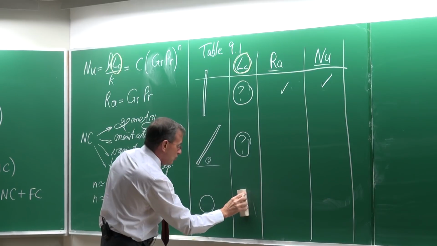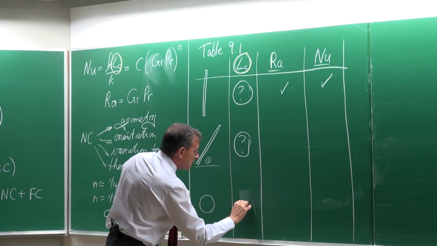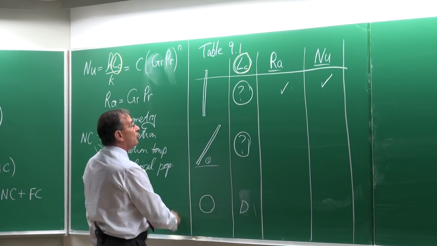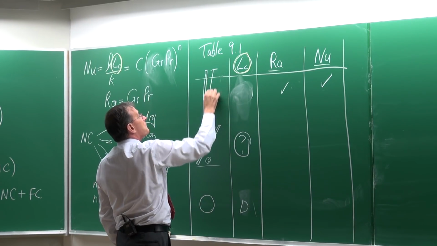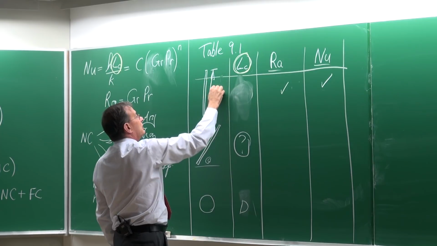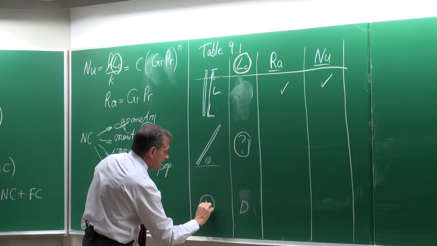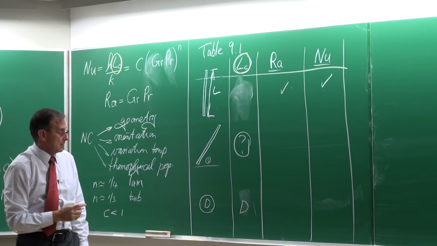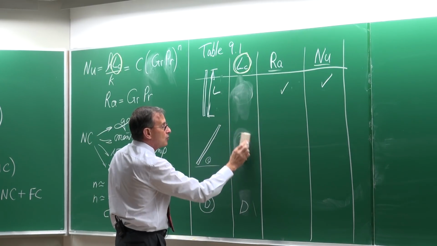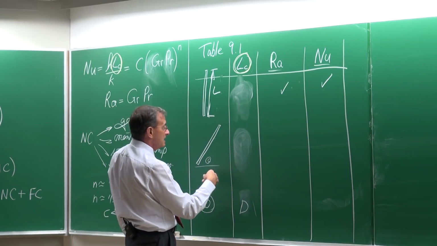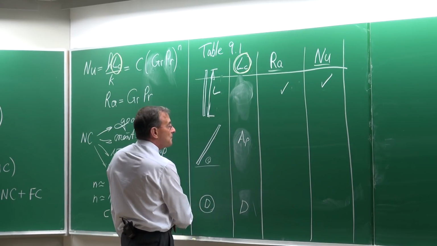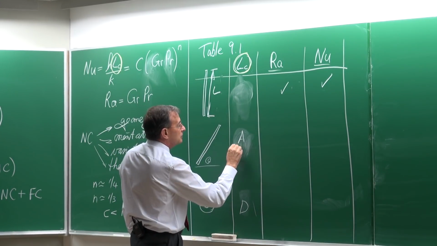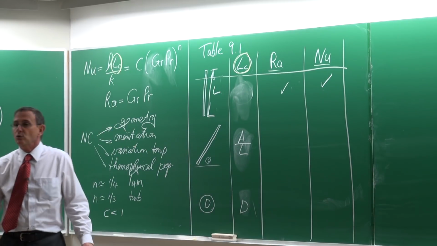So here, for example, it would be the diameter, and for that one it would be the length, that length there, and that diameter there. But then you'll get to ones where they say the characteristic length is equal to the surface area, for example, divided by L or P or something like that.